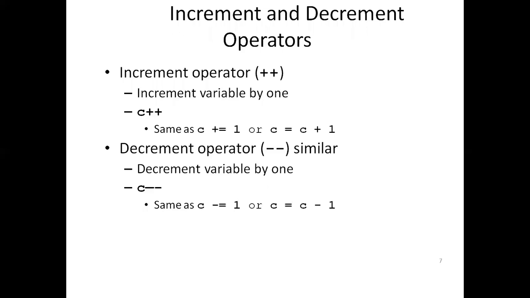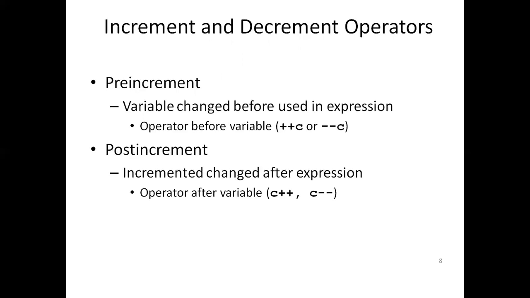We will use these very frequently in programming. We can also put these plus and minus symbols before the variable and after the variable. They are called pre-increment and post-increment.